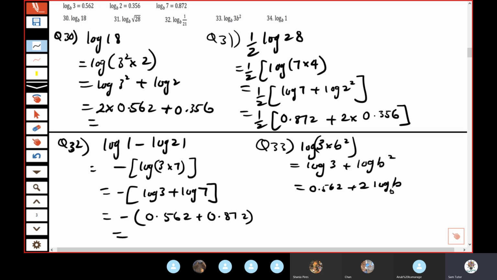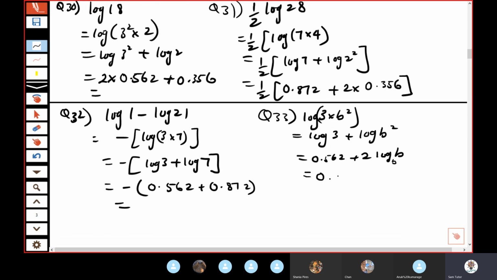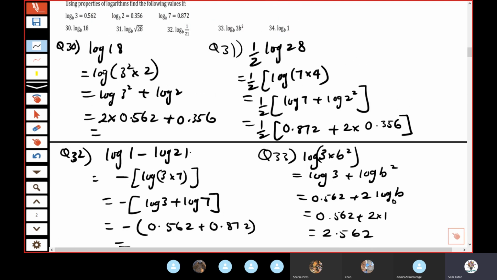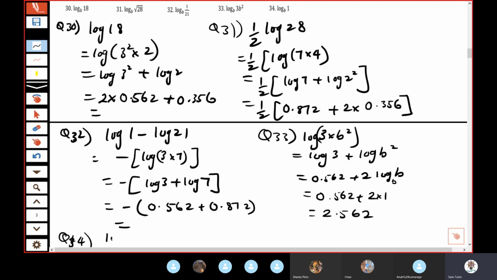So this technically becomes just 1. Well, of course, last one, log of 1 is just 0. That was an easy one.